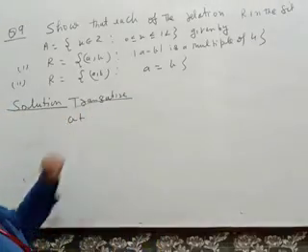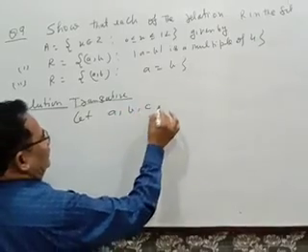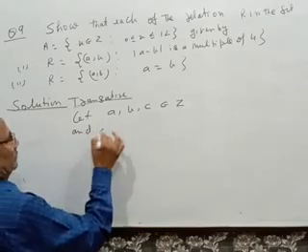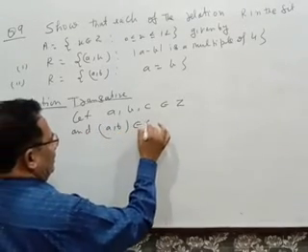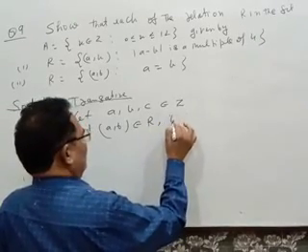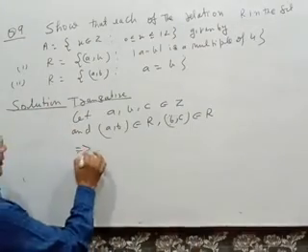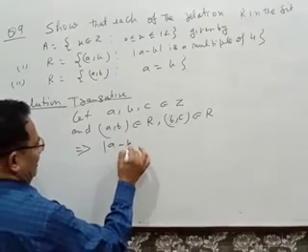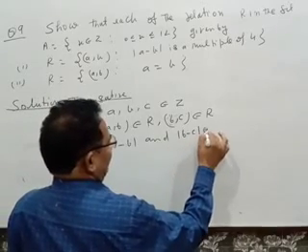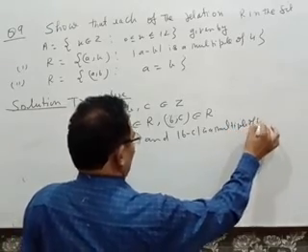Now, for transitive, let a, b and c belong to Z and ordered pair (a, b) belong to R and (b, c) is also belong to R. This implies that mod of a minus b and mod of b minus c is a multiple of 4.